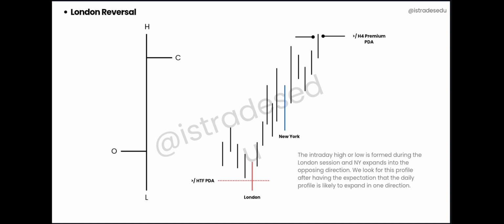The first one, which I'll be explaining today, is the London reversal. The London reversal is simply when the intraday high or low is formed during the London session and New York expands in the opposing direction. So we look for this profile after having the expectation that the daily profile is likely to expand in one direction.